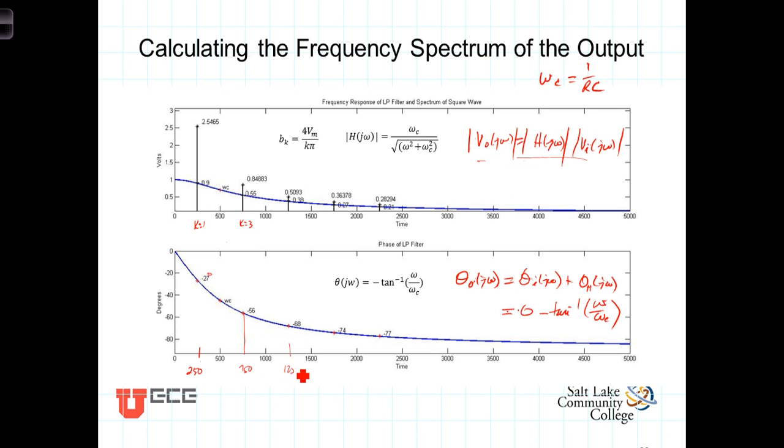At the 1250 radians per second, it's up to a negative 68, or a delay of 68 degrees. Then 74 degrees at 1750, and 77 degrees at 2250. And again, those are the first 5 terms that we're going to be interested in for this example.